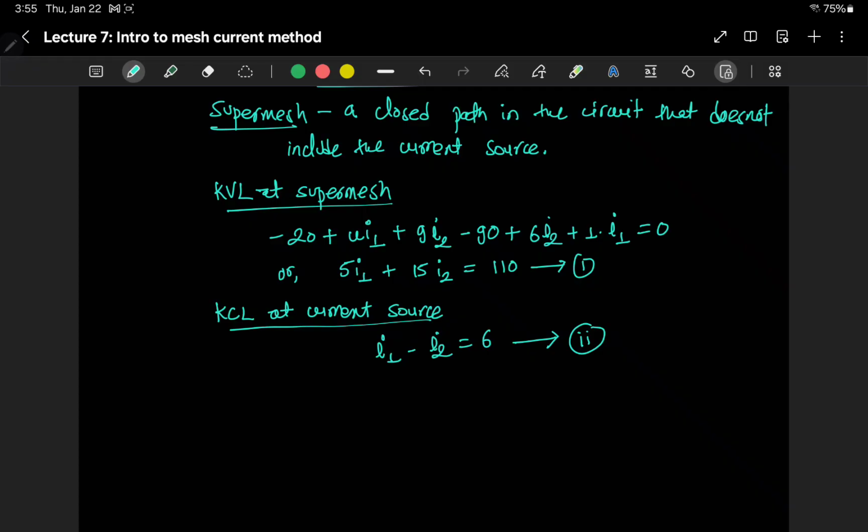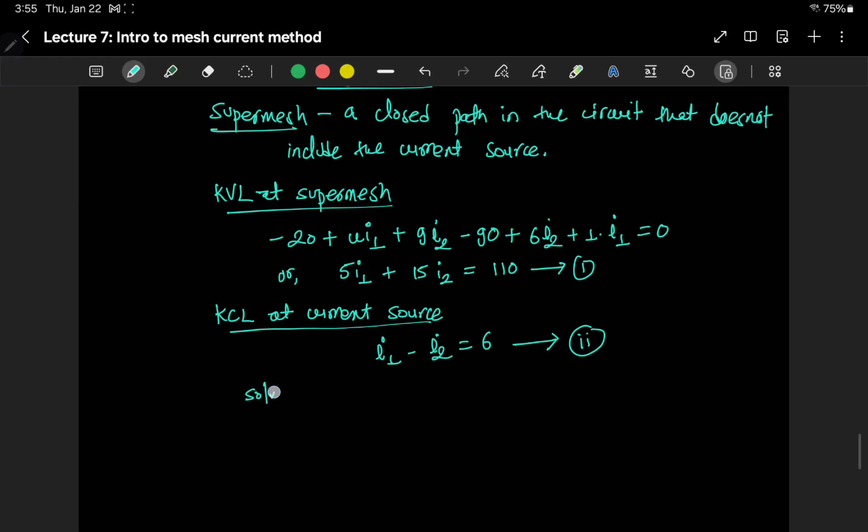And now you can solve equations 1 and 2, and you should be getting the values of I1 and I2, because that was our step 3, right? Solving the system of equations, and we have 2 unknowns and 2 equations, so we should be able to solve it. So you solve I1, I2, you'll get I1 is equal to 10 ampere, and I2 should be 4 ampere.